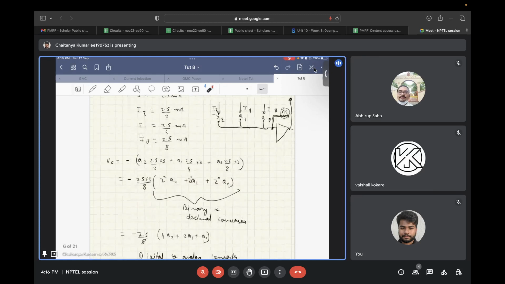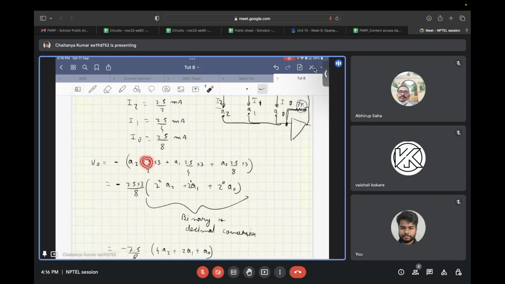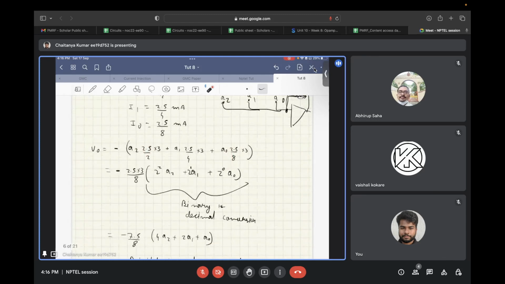So if you see this expression, you take 2.5 by 8 common, so what you have over here is 7.5 by 8 into this thing. Now, if you remember your binary to decimal conversions, this is the same thing.